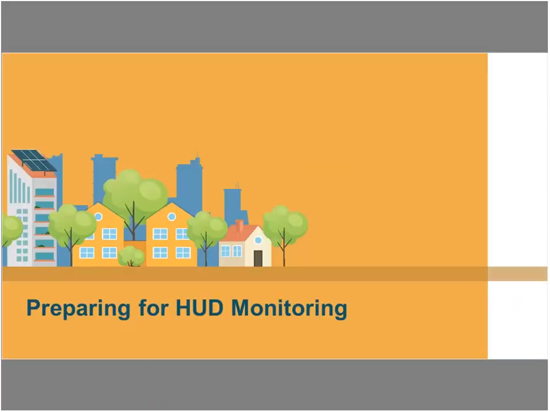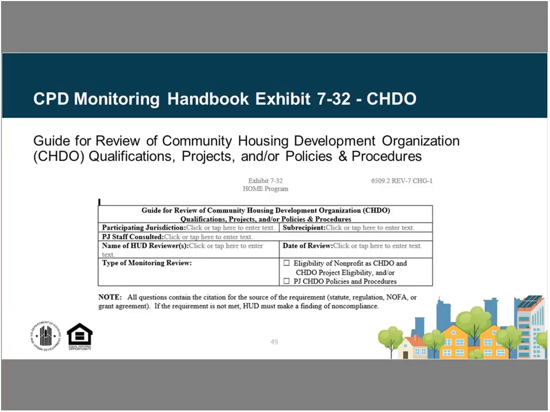So let's talk a little bit about preparing for the HUD monitoring. We've been focused today on 7-32, which is the monitoring exhibit that is specific to CHDOs. So this is something I would want to be familiar with. This is kind of the guide of, okay, this is what HUD's going to be looking at.